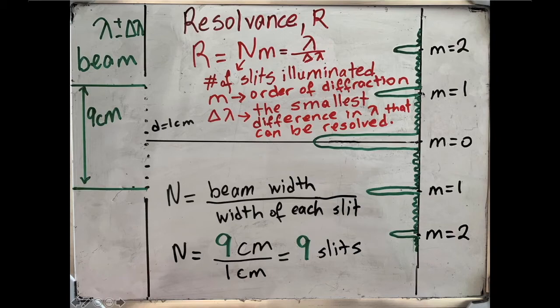The first maximum would be M equals 1. This was N before, but now that we have capital N for the number of slits illuminated, to avoid confusion, this is capital N and this is represented with the letter M. And delta lambda stands for the smallest difference in wavelength that can be resolved.